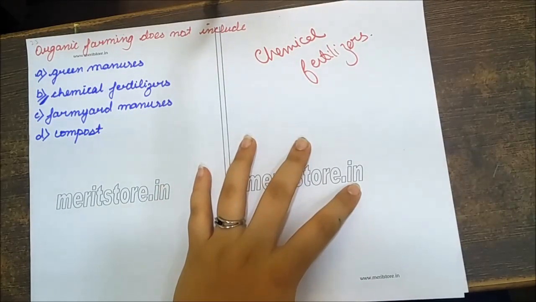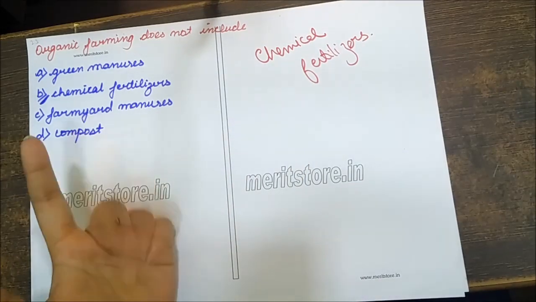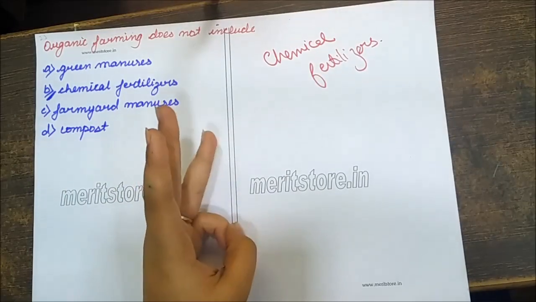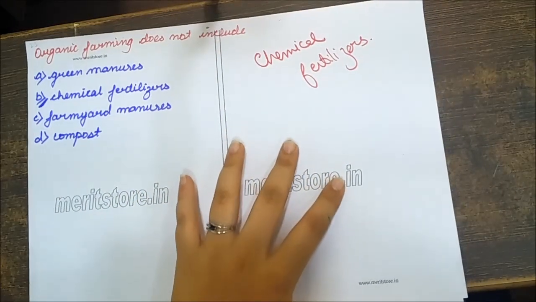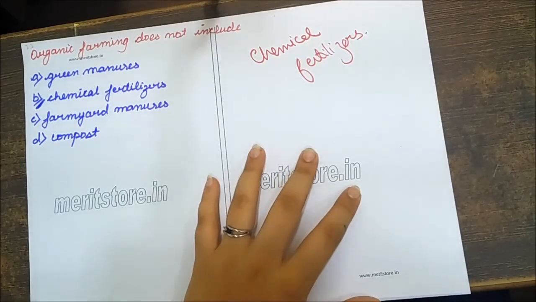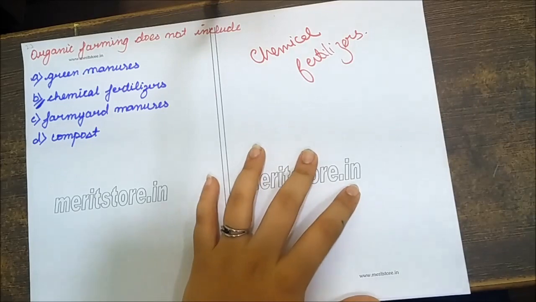In such farming, methods of biological origin are used. For example, biopesticides, biofertilizers, IPM, which was integrated pest management program, green manure, bioherbicides, etc. Chemical fertilizers are not used in organic farming.